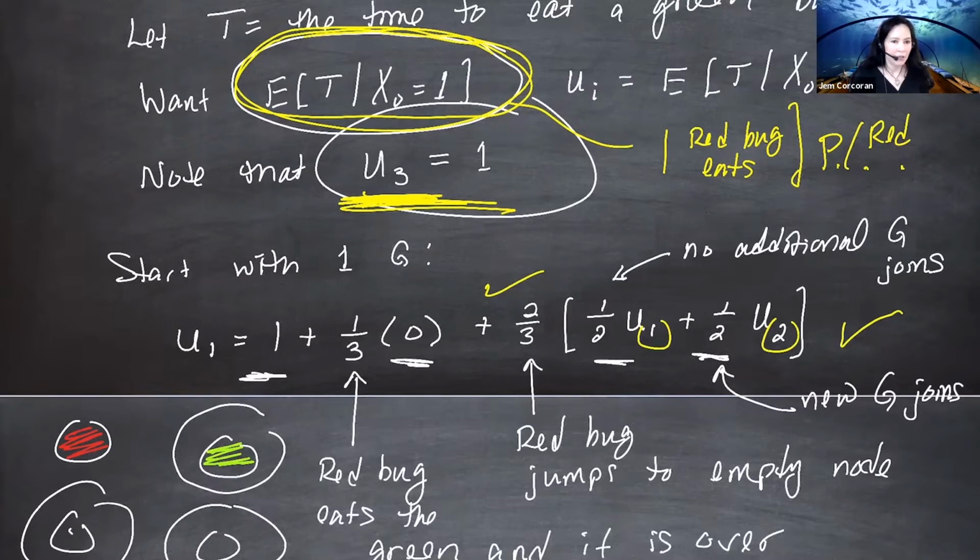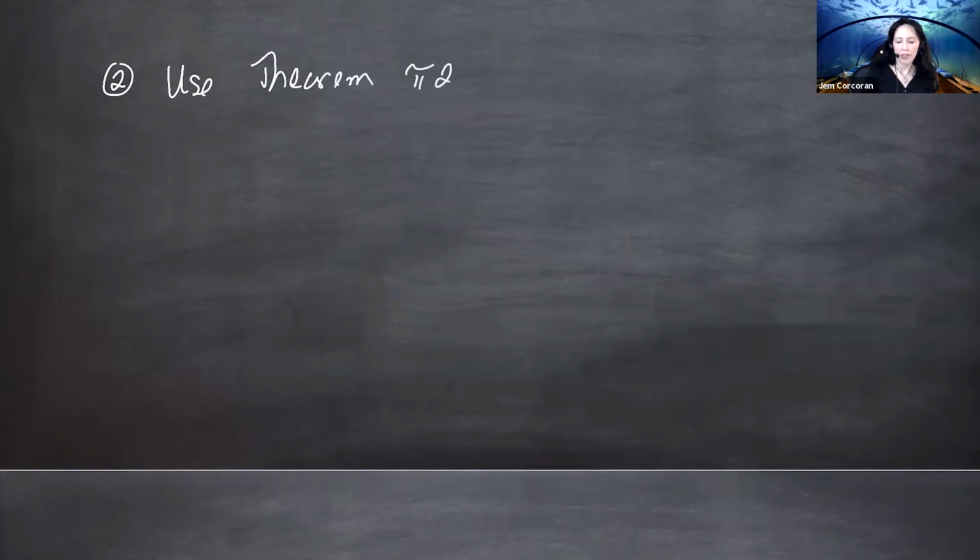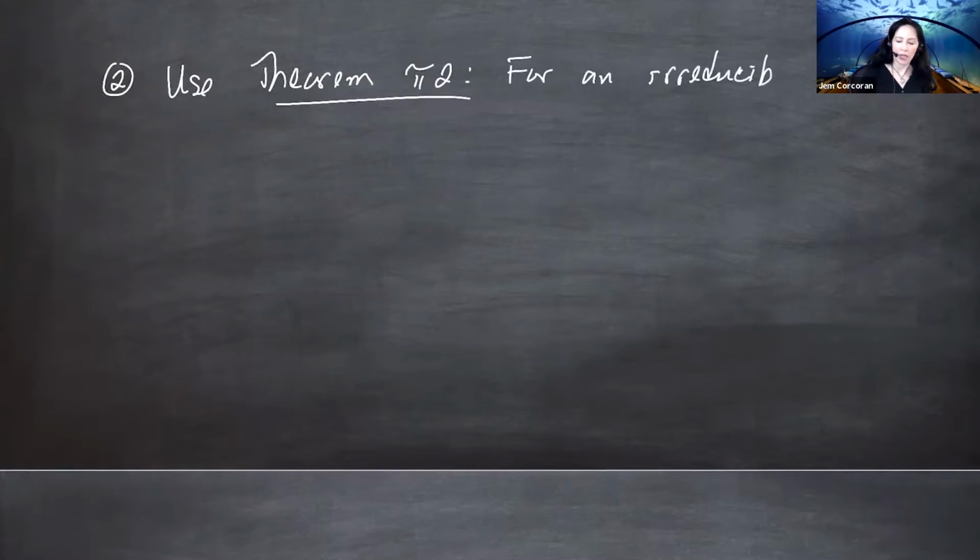Okay, I did want to mention something about problem 2. It's quite fast, and I wanted to draw your attention to theorem pi 2. So for problem 2, use, and I'll remind you of what this is, theorem pi 2. And this says if you have an irreducible Markov chain, a stationary distribution exists if and only if the chain is positive recurrent.